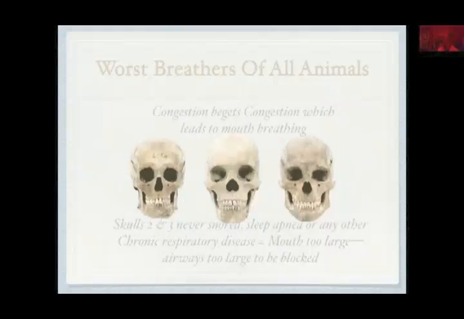Okay, so humans are the worst breathers of all animals. So congestion begets more congestion, which leads to mouth breathing. More mouth breathing begets more mouth breathing. So the more you do it, the easier it becomes.